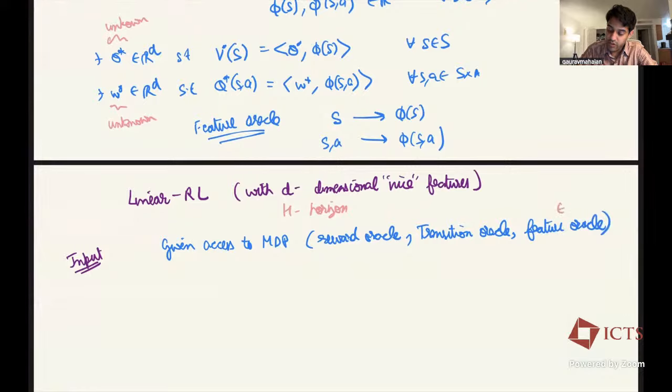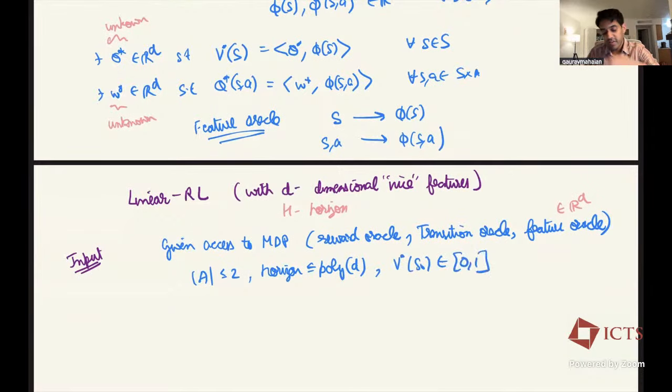And the features are in R^d. And we assume the number of actions is less than or equal to 2. Horizon is polynomial indeed. And V star of S0 is something between 0 and 1. Okay, so it could be something big. It doesn't really matter, but for simplicity, let's just keep it bounded.